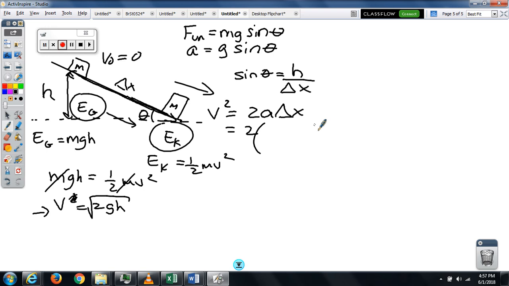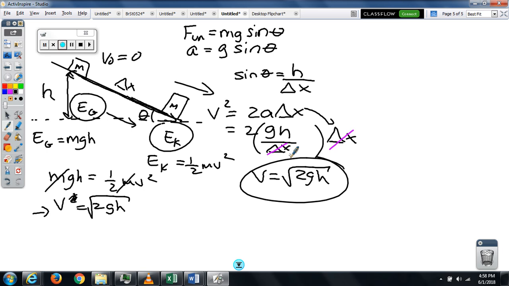So in for a, you've got g sine theta, and then you have this delta x here. Well, look at that. Now you have this delta x canceling with that delta x, and you get v squared equals 2gh, or v equals the square root of 2gh. And that matches that description perfectly.